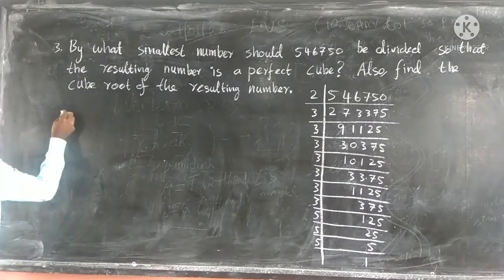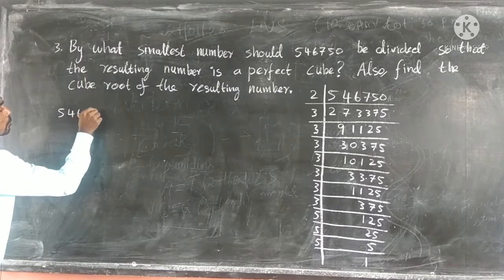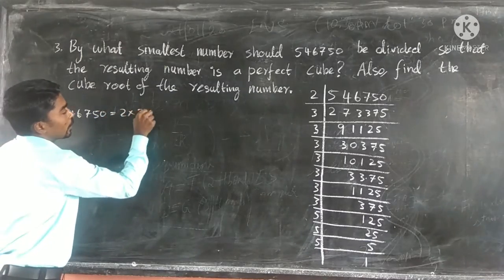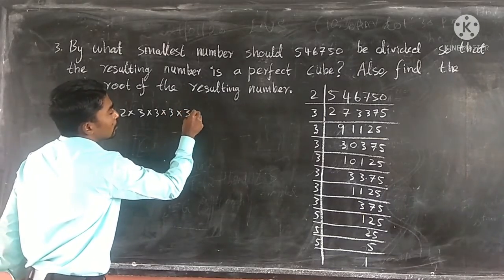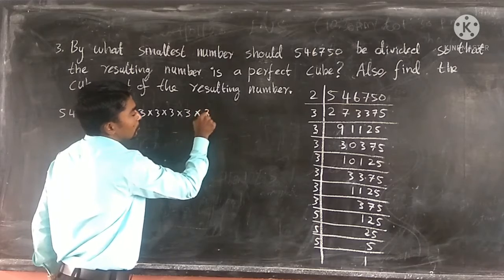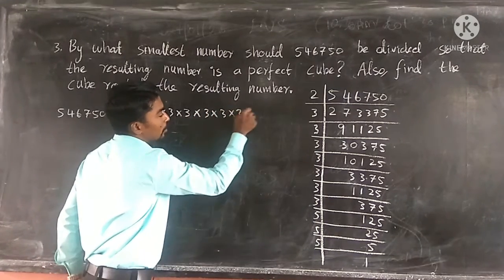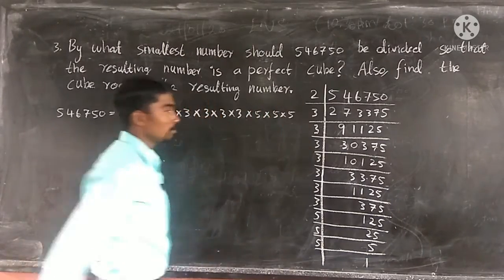We can write 5,46,750 as 2 into 3 into 3 into 3 into 3 into 3 into 3 into 3 into 5 into 5 into 5.